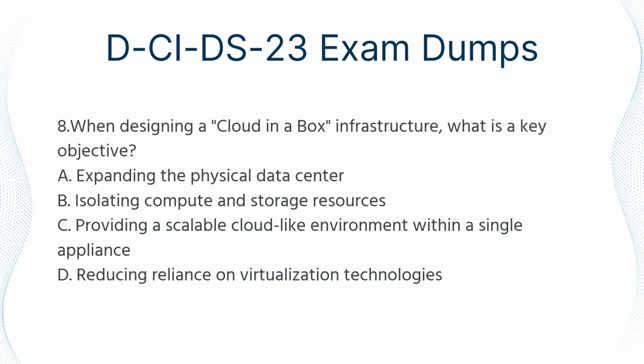Option B, isolating compute and storage resources, is an important consideration in cloud infrastructure design but is not the primary objective of a cloud in a box solution, which aims to integrate resources within a single appliance. Option D, reducing reliance on virtualization technologies, may be a consideration in certain cases, but it's not the primary objective of a cloud in a box infrastructure, which typically leverages virtualization technologies to deliver cloud-like capabilities.